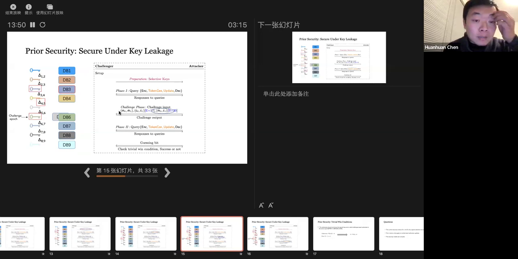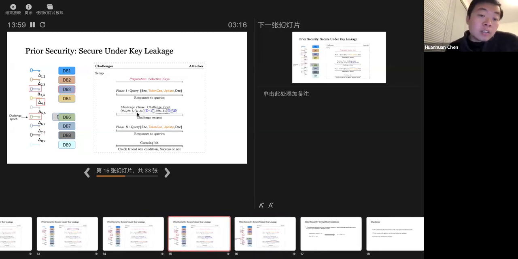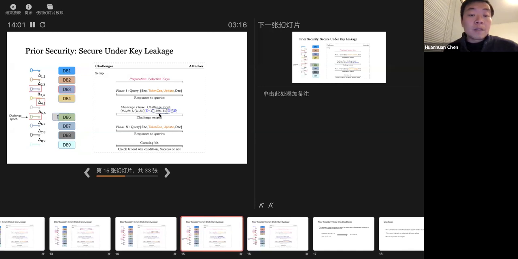The first one is the confidentiality of a message. The second one is the indistinguishability of the ciphertext, which captures the confidentiality of the ciphertext. And the recent one is a stronger one, to capture the indistinguishability of the fresh encryption and also the update of the ciphertext.